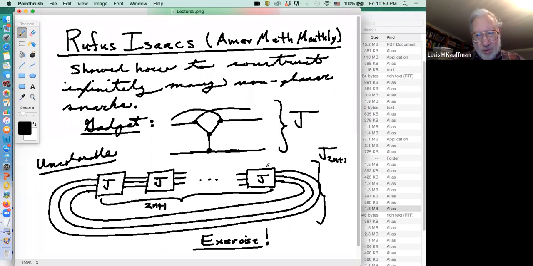That little gadget, of course, that extra crossover is making things non-planar. You won't get anything planar out of this. But this was a very nice breakthrough at the time. I don't know how it ended up in the monthly, but I'm glad it did, because it then got written in a very nice expository way. You'll see when you look at the paper.